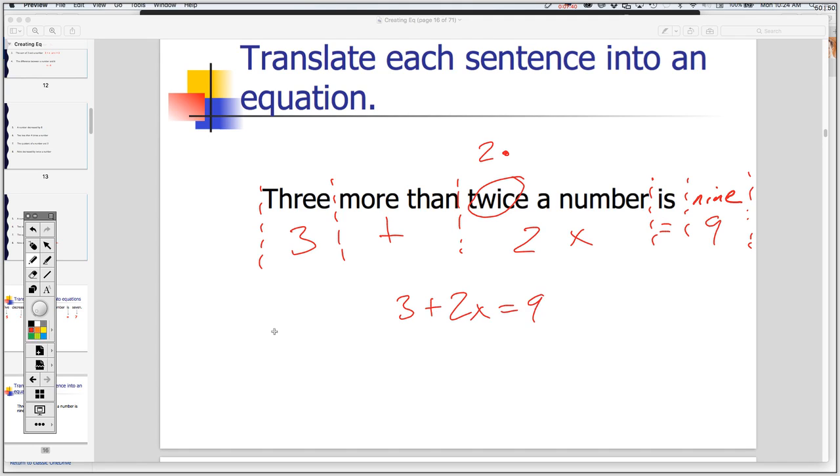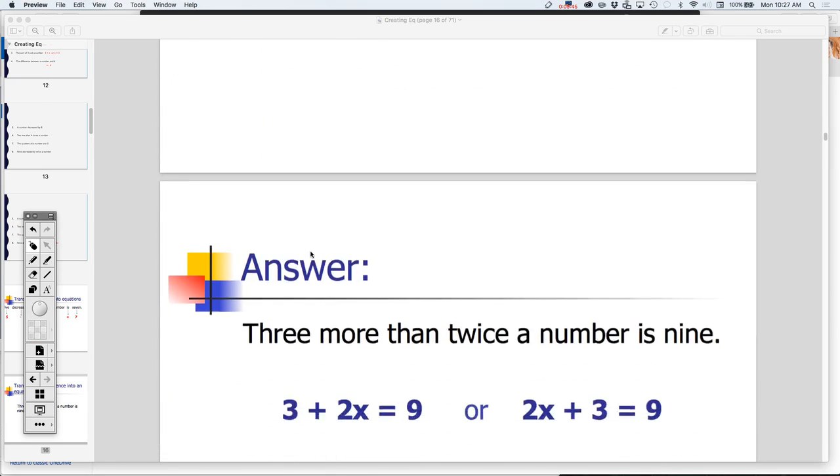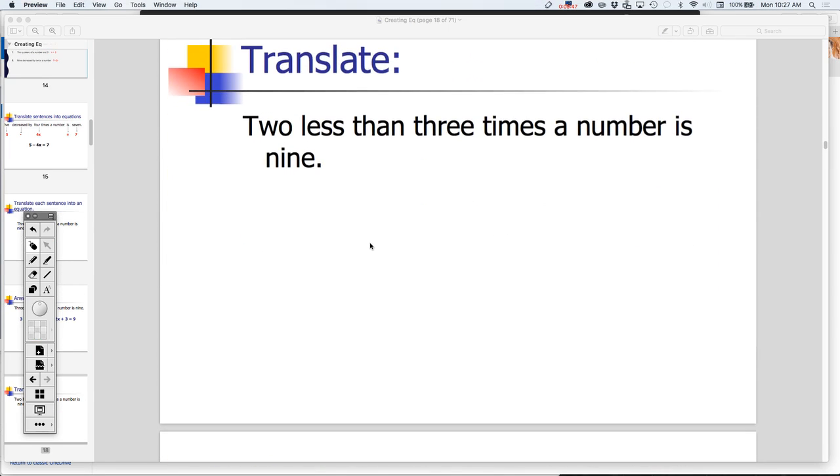All right, next one. 2 less than 3 times the number is 9. So when you're writing it on your paper, make sure to put the 9 up here, so that way it's easier to work with. Okay, Jonna, are you ready? Okay. So 2 less than 3 times a number is 9. Let me actually get ready.